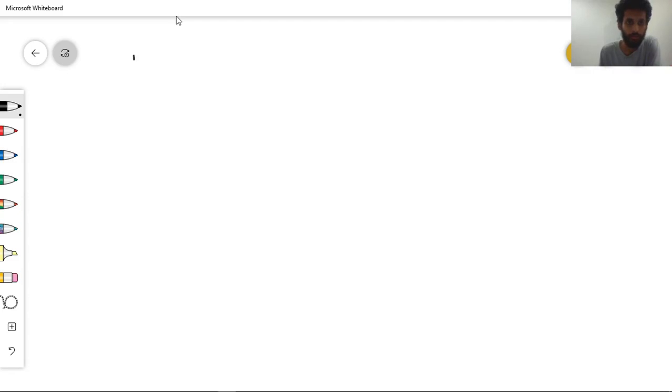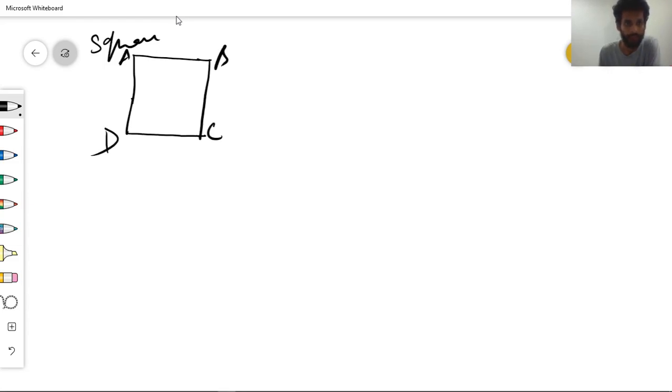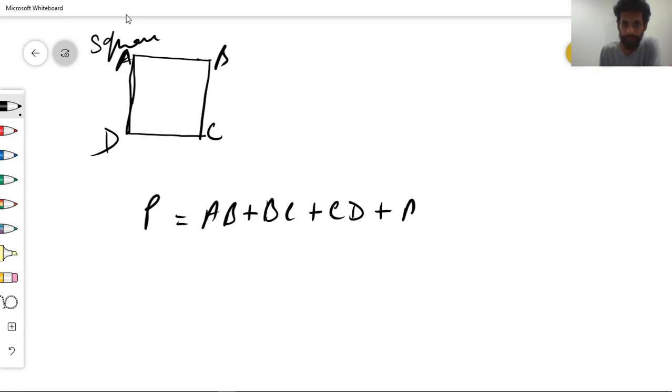So when we first get some figures, for example, this is a square. Square has A, B, C, D. These are the sides. So the perimeter will be, generally, AB plus BC plus CD plus AD.